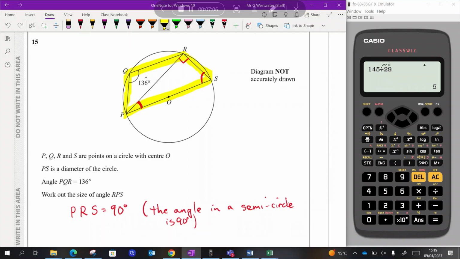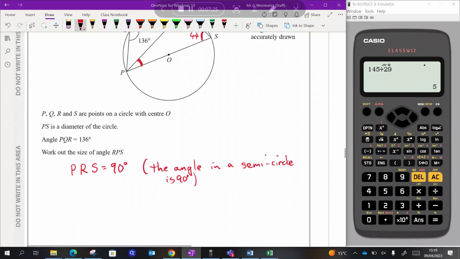And I know that opposite angles in a cyclic quadrilateral, and this is cyclic because all the vertices touch the circumference, the opposite ones must sum to 180. So if we've got 136 over here, then S has to equal 44 degrees, so that they sum to 180.